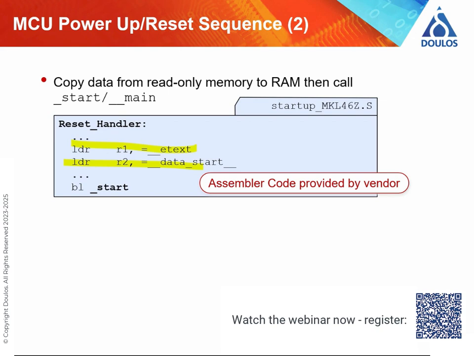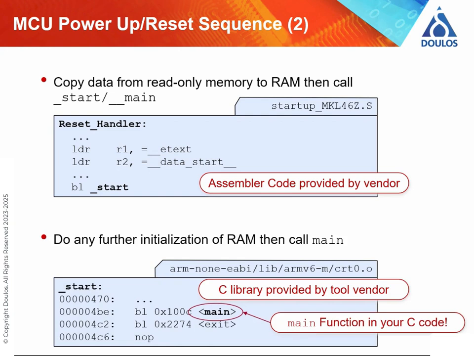Once it's initialized the memory, it's finally ready to call some further code. So it may call your main function directly, or there may be a little block of code provided by the vendor in their library to call your main function. And then your main function will be the starting point for your C application.